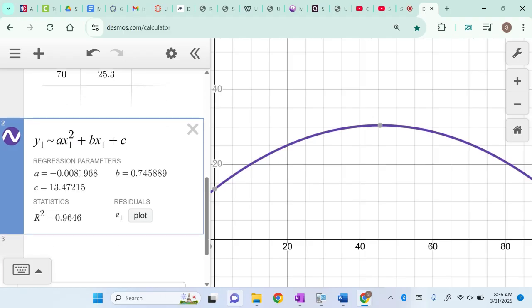We're trying to find the speed that maximizes the fuel economy. Keyword: maximizes. So what do you think I'm going to look for on the graph? The vertex or the max. And it already graphed it for us right here. Now, we're trying to find the speed. So which value am I going to use, the x or y? The x, because they said x represents speed.